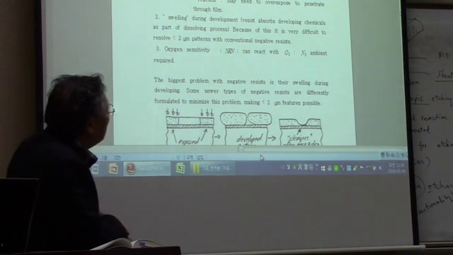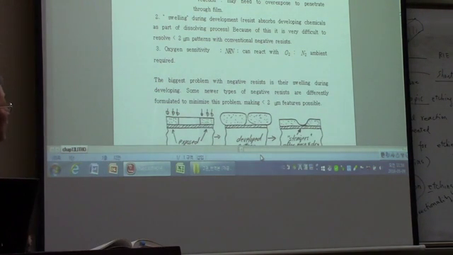Adhesion to the substrate depends on the cross-linking reaction, and may need overexposure to penetrate through films. Okay?